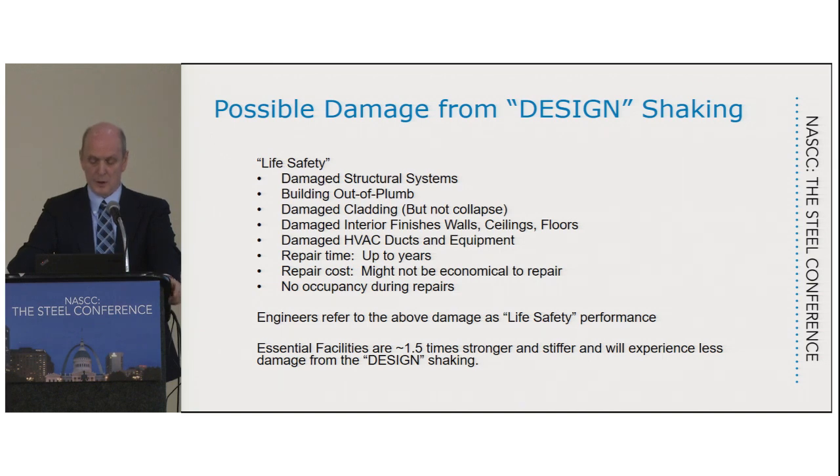There is a low probability of collapse. It can safely experience aftershocks. The architectural components of the building should stay attached, not like we saw in that video. We would expect all cladding to stay attached if a building experiences this shaking level. And the damage could be significant enough that the building may be uneconomical to repair.